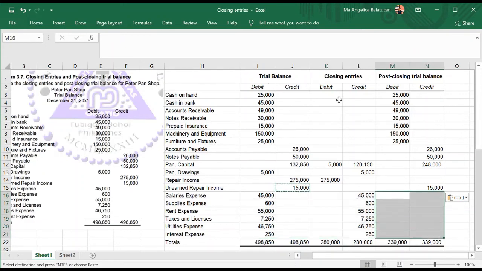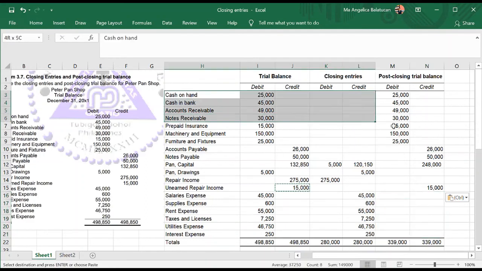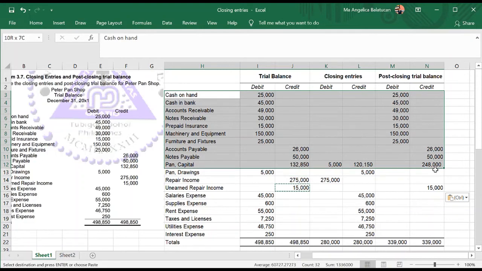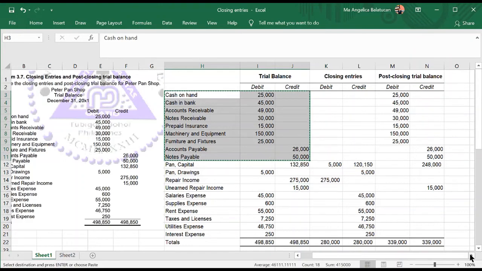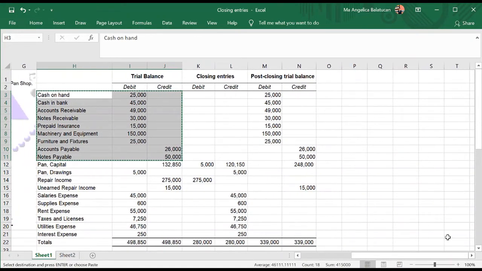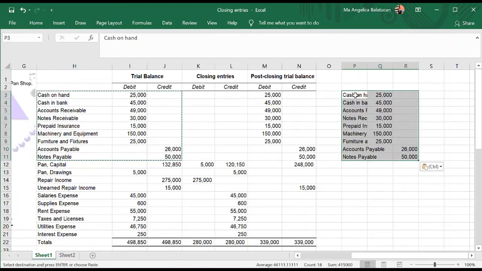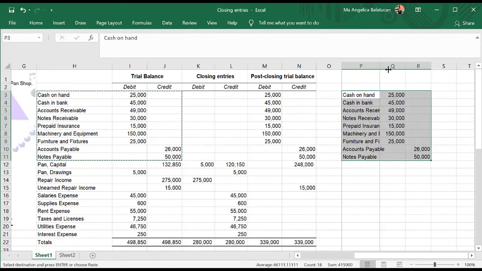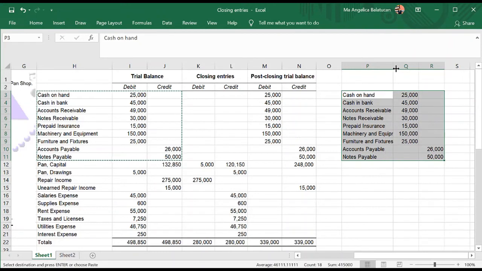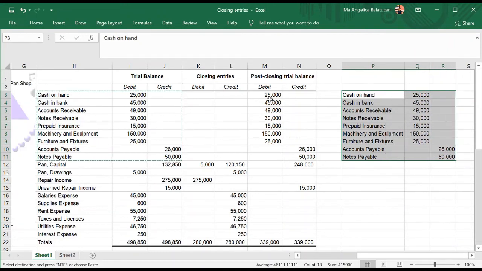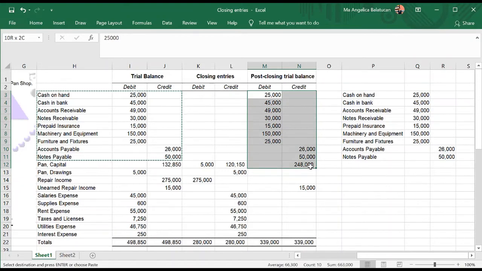So what will be left here would be your asset accounts. Okay, so we will copy this one to get the final balance.